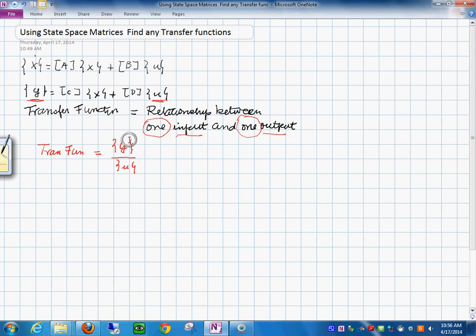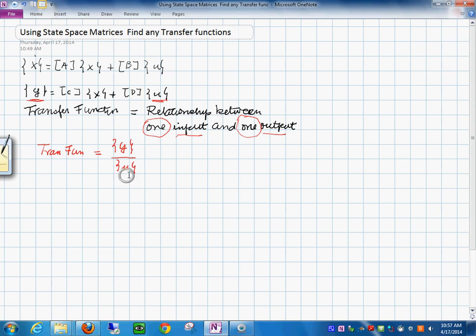That means if I have two outputs and one input, I get two transfer functions. But if I have two outputs and two inputs, I will get a relationship of each one of those outputs to each one of the inputs, so I will get four transfer functions.